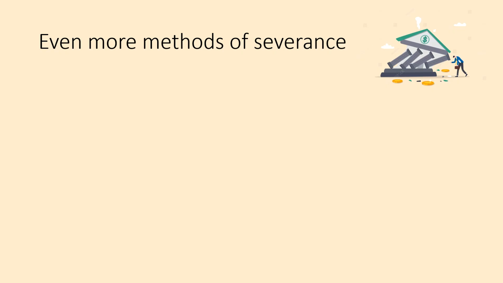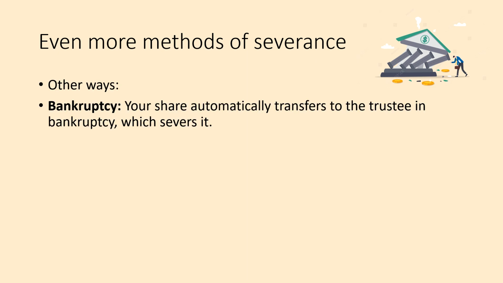I've already mentioned that there are a couple of more methods of severance which are more to do with the circumstances. So, for example, if one person goes bankrupt, you automatically transfer your shares to the trustee in bankruptcy, and that means that it will be severed.